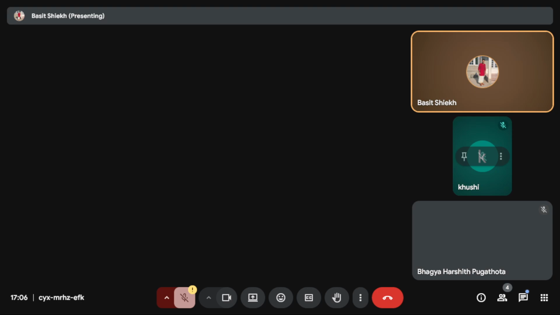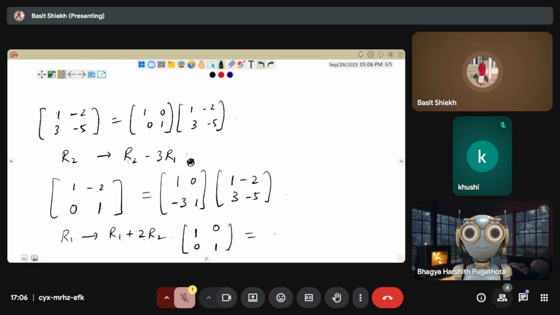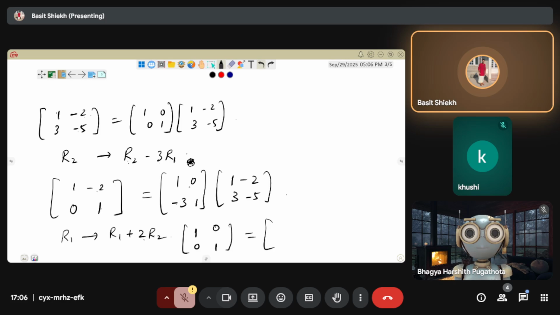Here if I add this 0, how many times it will still remain 1. So now 1 plus 2 times 0 is 1 only. And this will be R1. R1 is minus 2 plus 5, which is 3. So it will become 0.